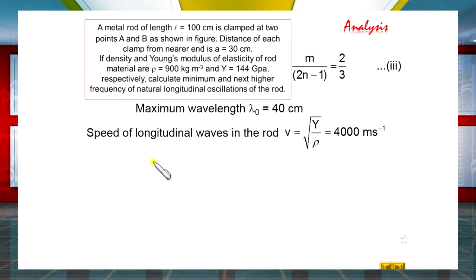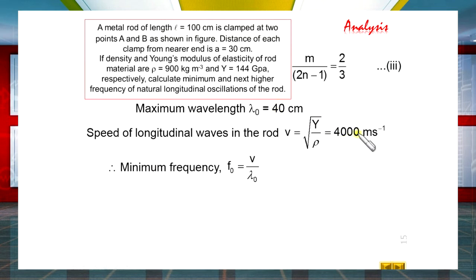Now for the minimum frequency, let us assign this value as f naught. So f naught should be equal to the wave velocity divided by wavelength, that is v divided by lambda naught, and v equal to 4000 and lambda naught equal to 40 centimeter. So we need to change this value to meter.